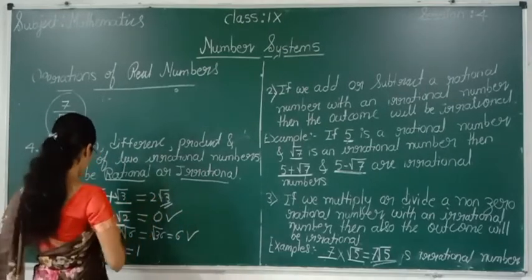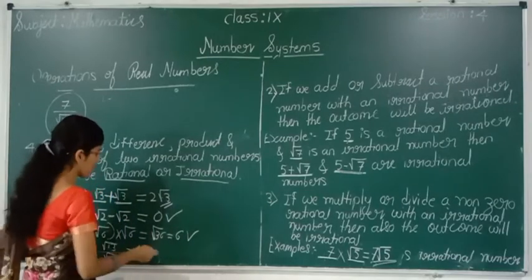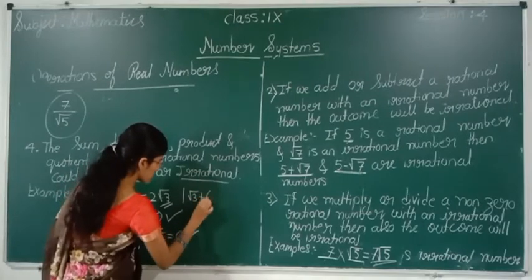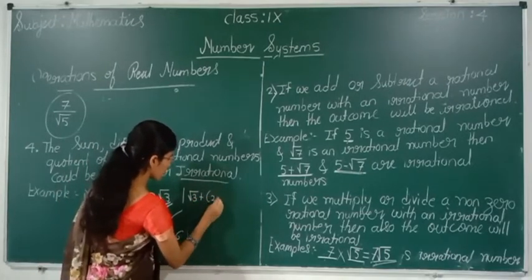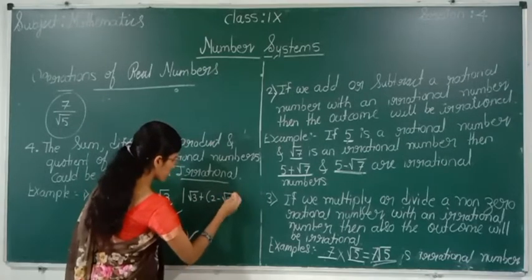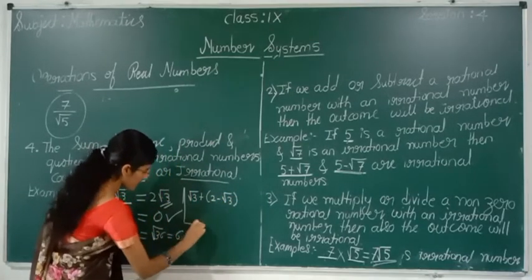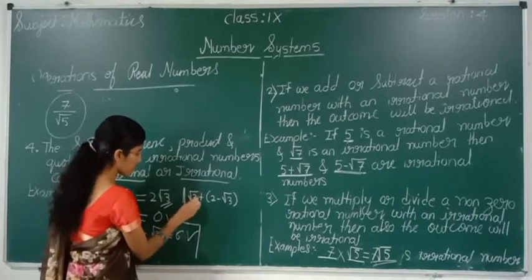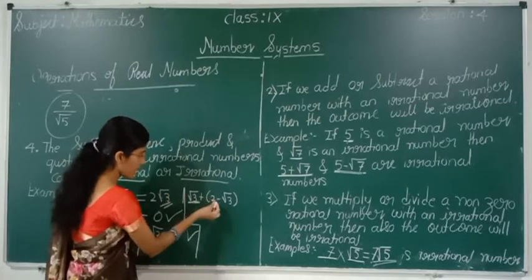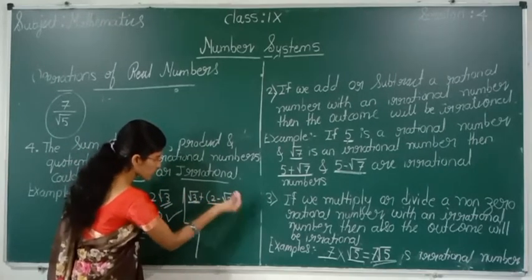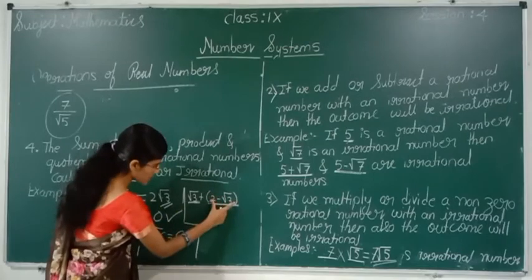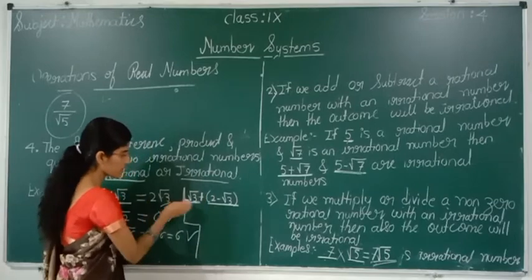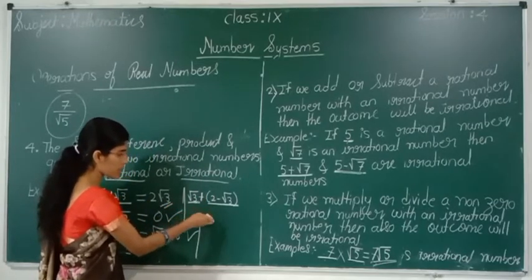For this we will take one example. Say I take root 3 plus 2 minus root 3. One irrational number is root 3 and one more irrational number is 2 minus root 3. This is also an irrational number and this is also an irrational number. Now if I perform addition, we will see whether it is irrational or rational.